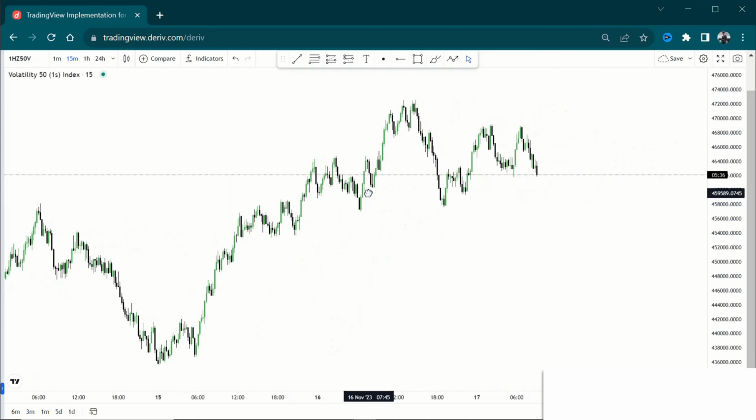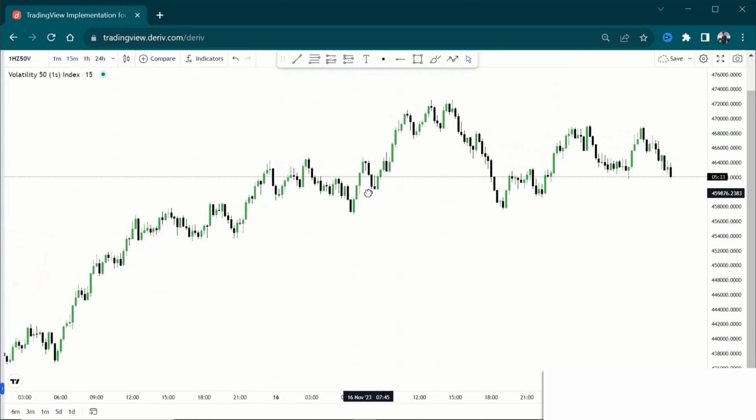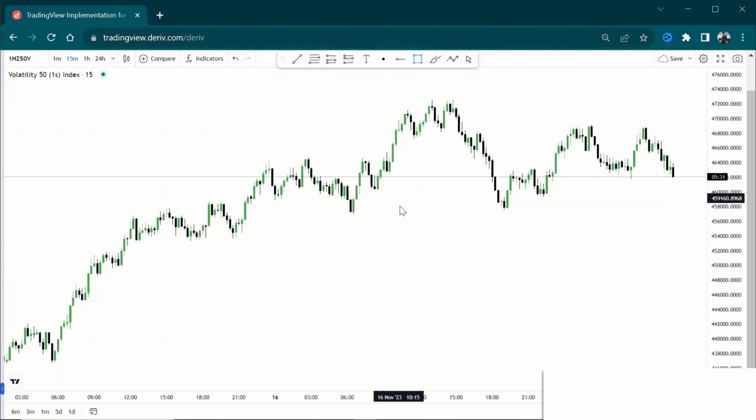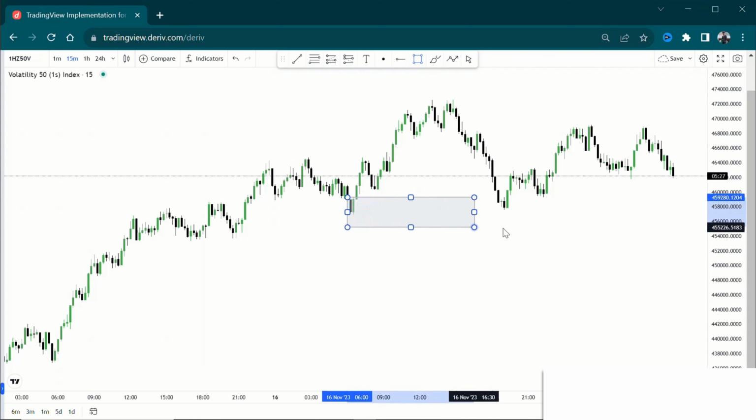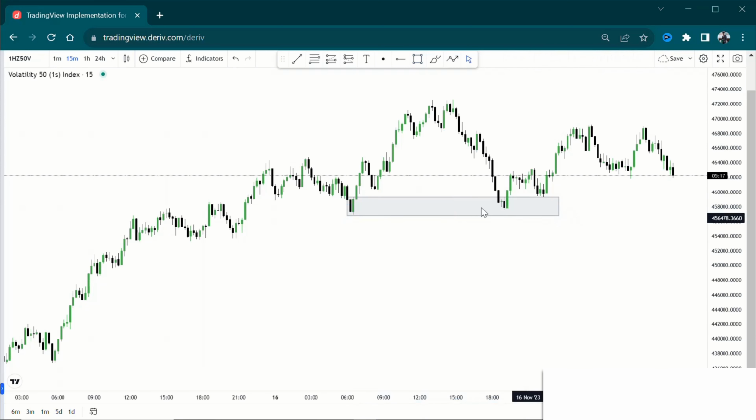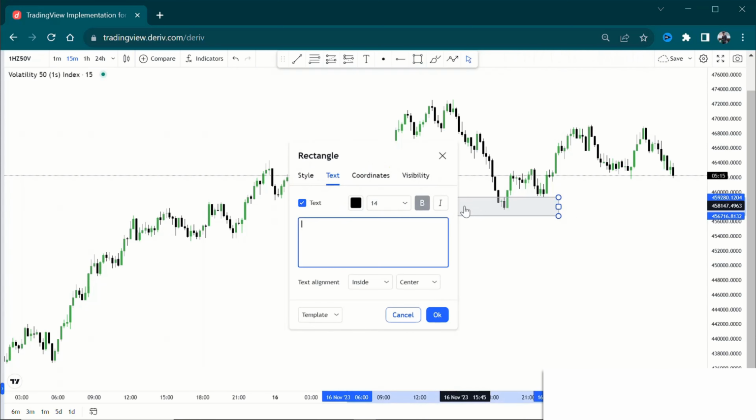The POI here was just here. This is the current market under the 15-minute time frame. The POI was just here. This is your POI right here, your 15 minutes POI.